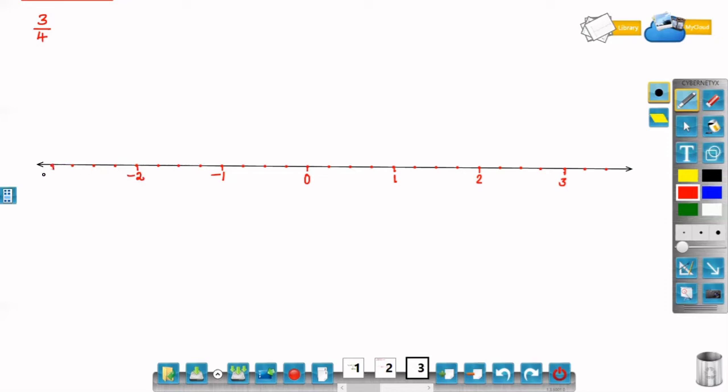After 4 parts write -3. After writing, see once, between the integers there are 4 parts because the denominator is 4. And numerator tells us how many parts away from 0. Here numerator is 3. So we have to take 3 parts away from 0.